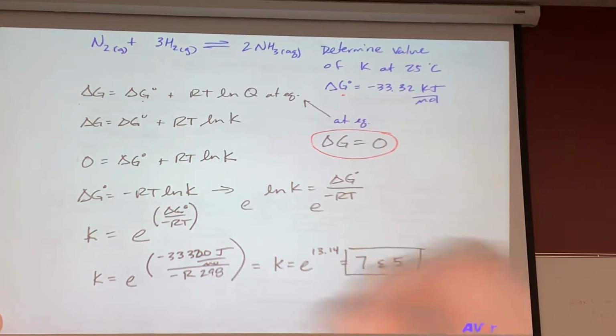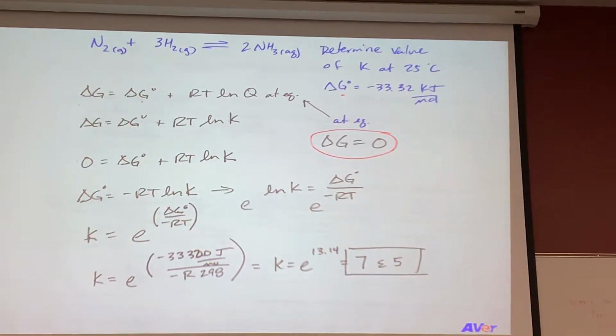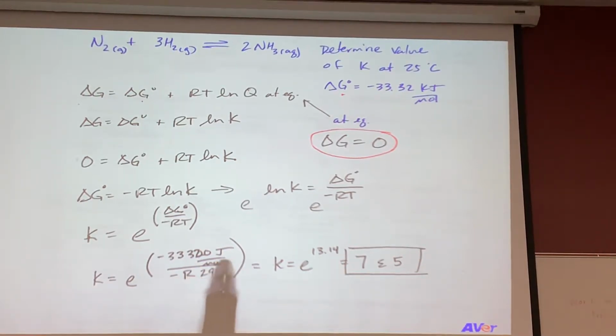That's what I got. Did you guys multiply it by 1,000 to 33,320? Yeah, because remember that R is in joules, I get 33,320.